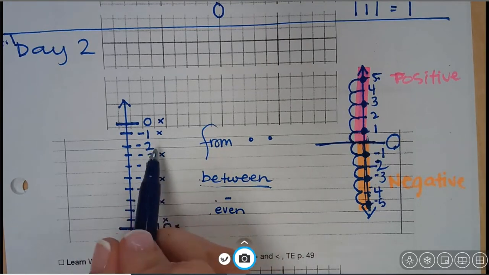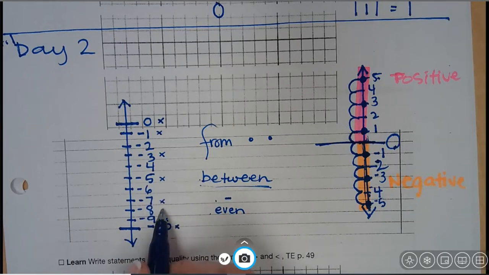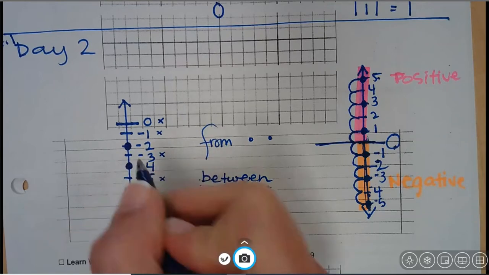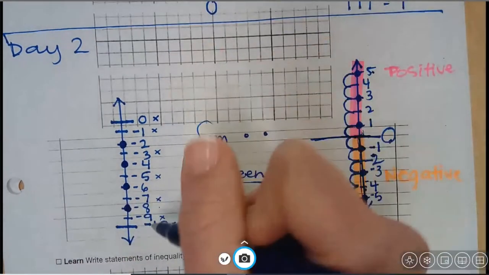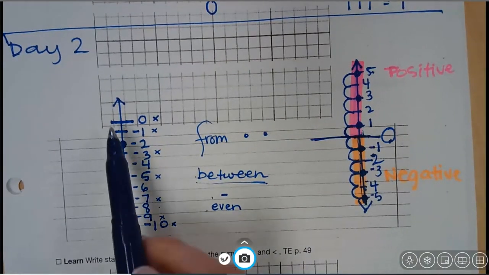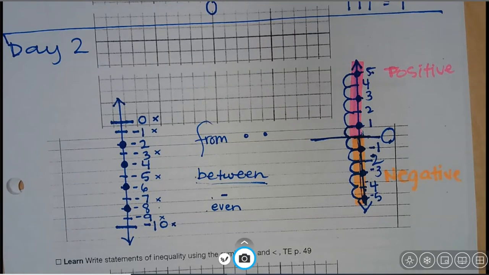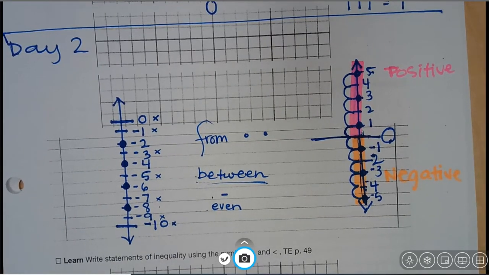So then I'm going to check, is -2 even? Yes. Is -4? Is -6? And is -8? So those are my ones that are left. So I'm going to dot those because they're all even and they're all between 0 and -10. I'm checking I left my arrows on the ends of the number line to make sure that they are showing that my number line goes on and on forever.